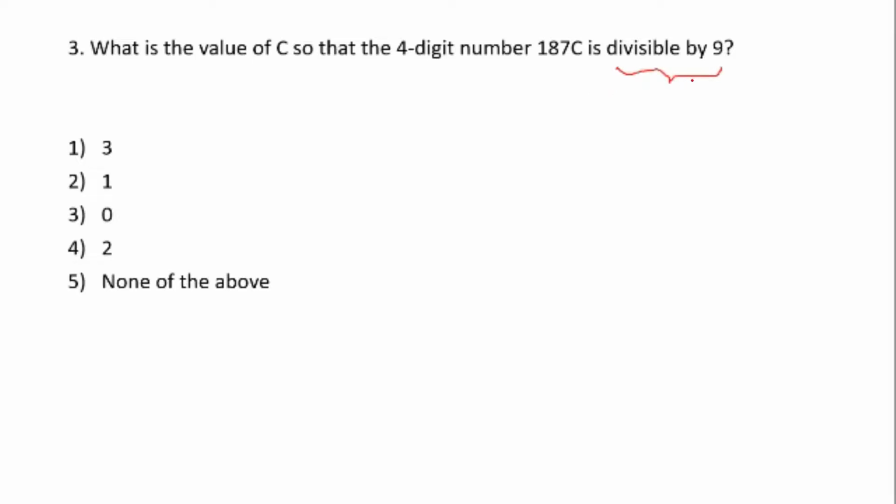It states that the sum of all the digits in the number must be divisible by 9, which means 1 plus 8 plus 7 plus C must leave no remainder. 1 plus 8 plus 7 is equal to 16. 16 plus C must be divisible by 9. 9 times 2 is 18, that's the closest, so C must be 2. 16 plus 2 is 18, and 18 is divisible by 9. So it's option 4.